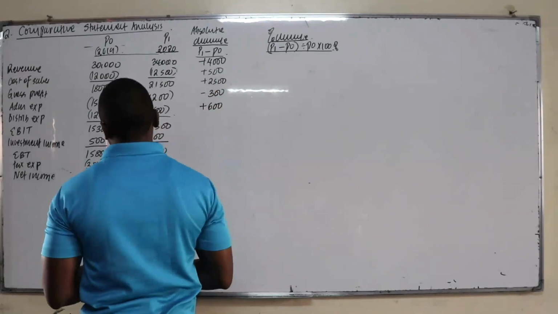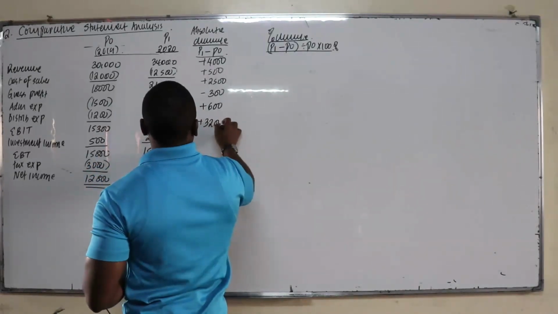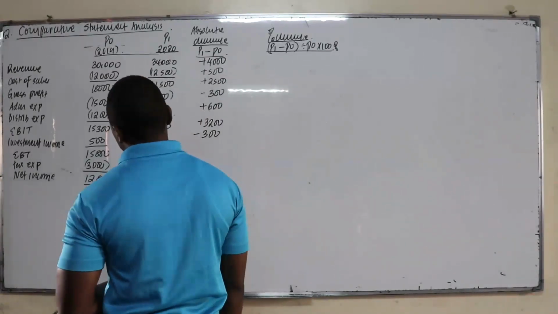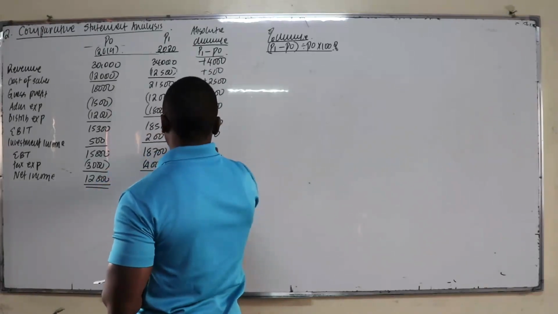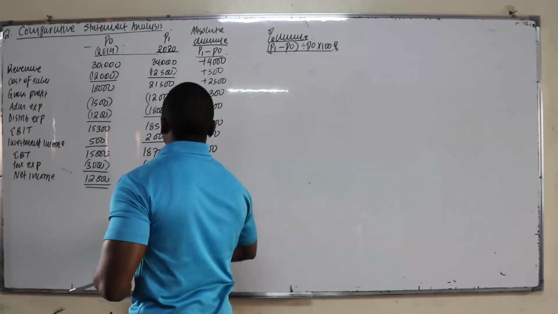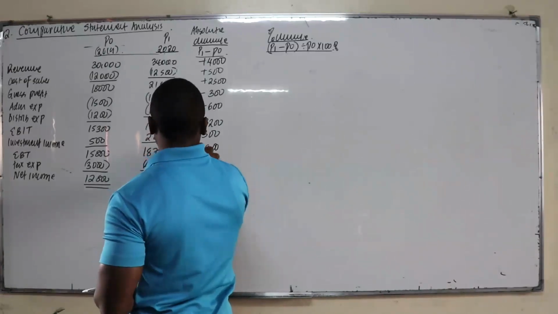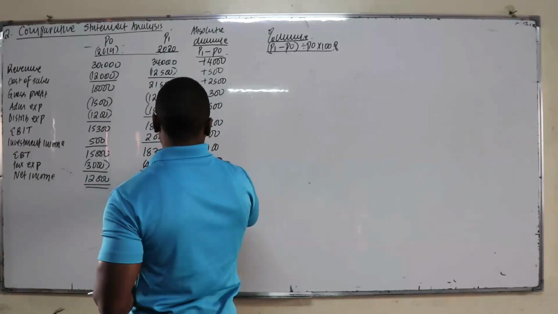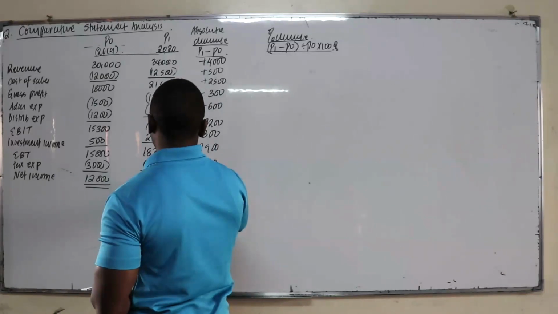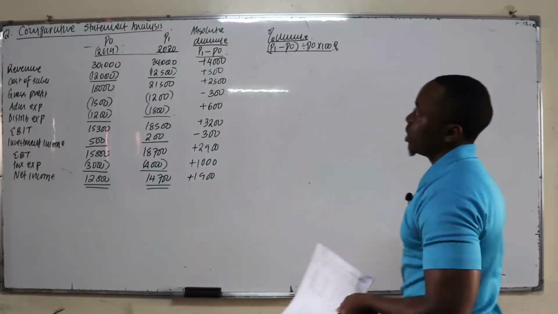Here we have minus 300. Here we have 200, 29, which is an increase. And then here you have 1,000. And then here you have 19, which is an increase. So that gets the absolute change.